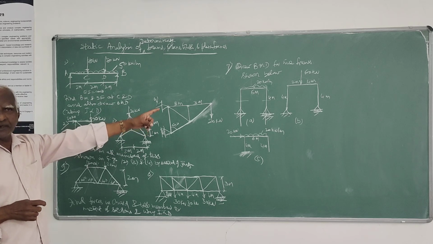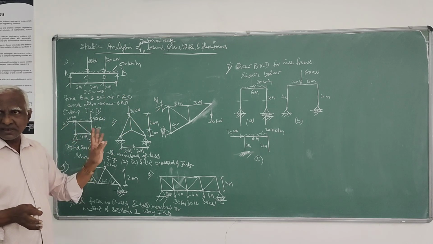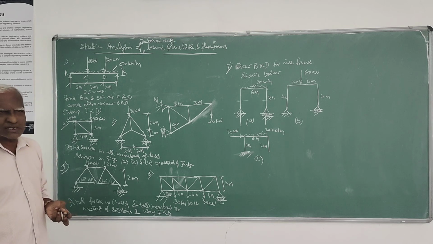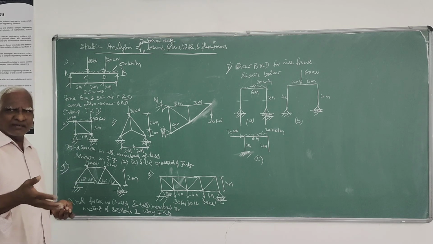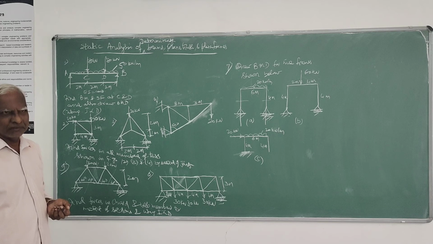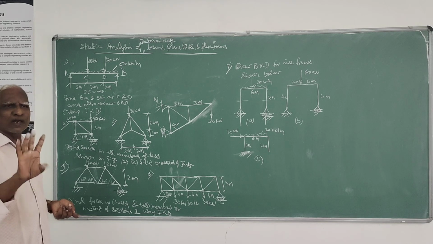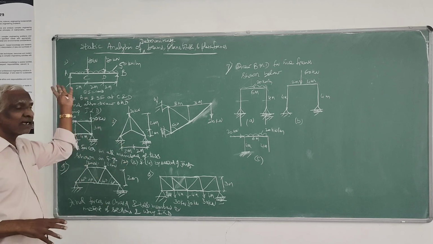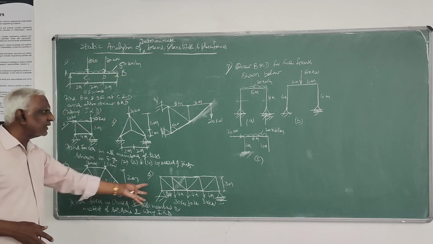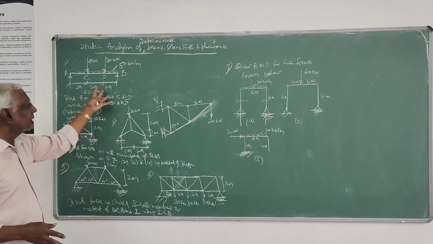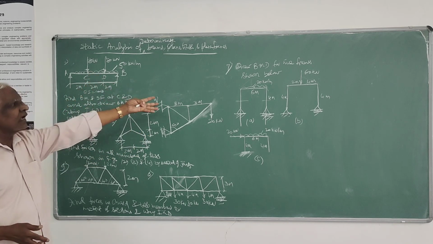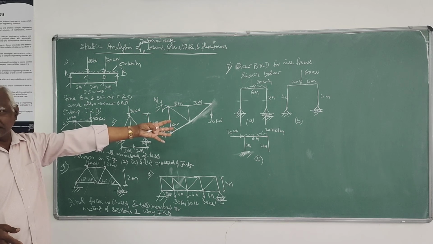Analysis of determinate frame structures. Static analysis. Kinematic analysis, that is evaluation of displacement, we will cover in Unit 2 and 3 by strain energy method, conjugate beam, moment area. They are mainly confined to kinematic analysis, again of the same type of problems: plane truss, beams and frames, rigid frames.